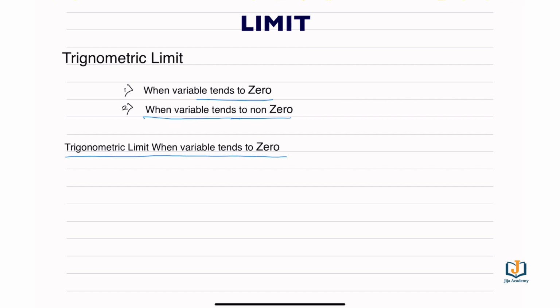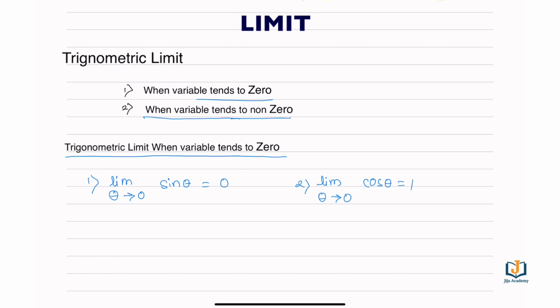Now we are seeing some formulas. The first formula is limit theta tends to 0 sin theta is equal to 0. Second is limit theta tends to 0 cos theta is equal to 1.